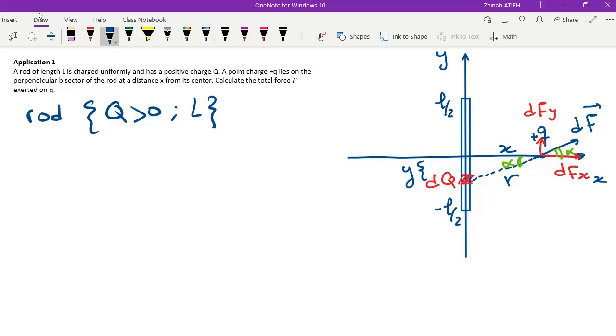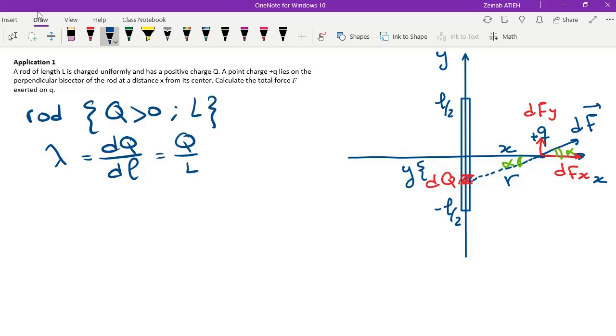What is linear charge density? How the charges are distributed along its length. Okay, it's how many coulombs per meter. So I divide Q by L. So lambda is equal to dq over dl, or it's equal to Q over L. Why? Because I have a uniform charge distribution.